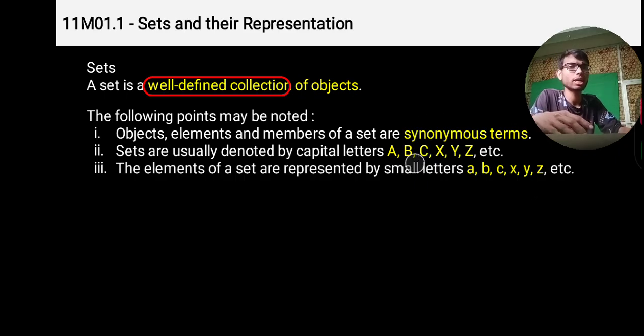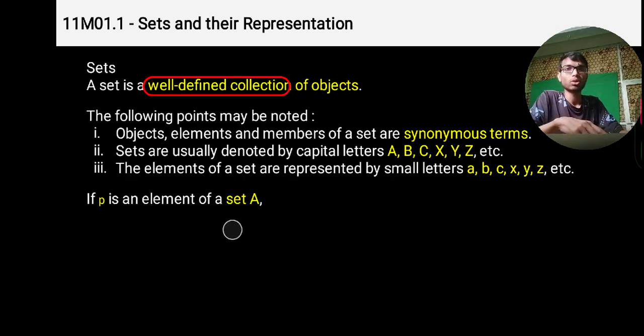Here you cannot say capital A, B, C, X, Y, Z are elements. No, these are sets. But here the small letters a, b, c, x, y, z are elements of a set.